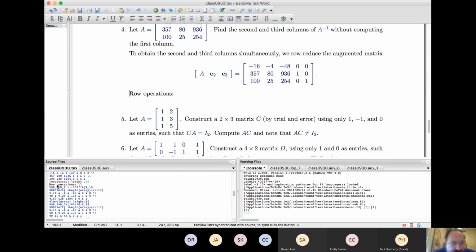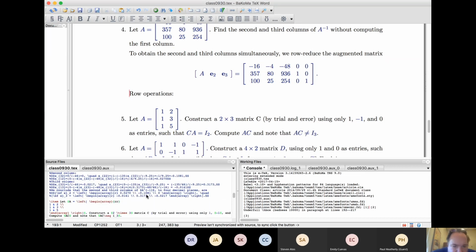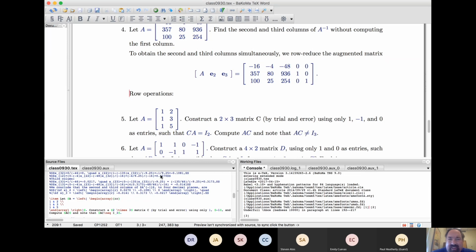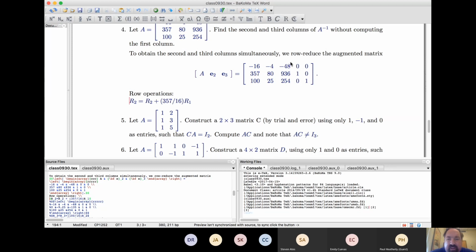Now, I will tell you that in this case the numbers do not work out nicely, as you can imagine from the numbers that we have here. So for instance here, the first row operation to eliminate this entry, we're going to multiply this row by 357 divided by 16, and add that to eliminate this entry right here.